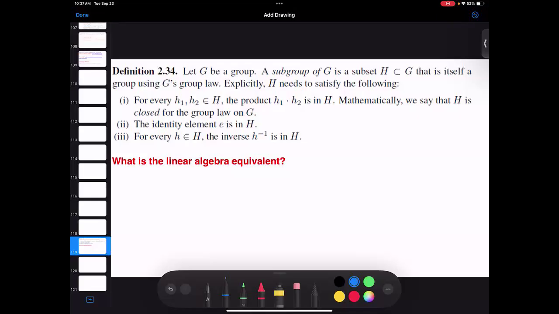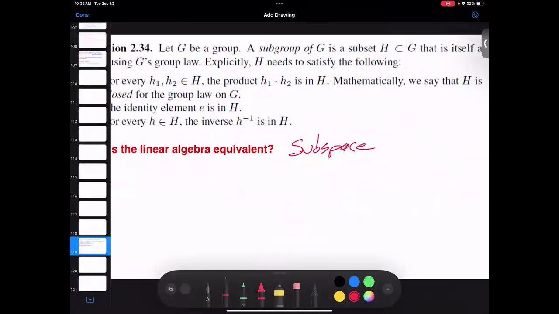There is a linear algebra equivalent to this. So I think you've all done linear algebra. If you have a vector space, does anybody know the linear algebra equivalent of a subgroup of a group? If I give you a vector space, subspace, right? It's just a subspace. If I give you the 3-dimensional world, a 2-dimensional plane going through the origin would be a subspace.